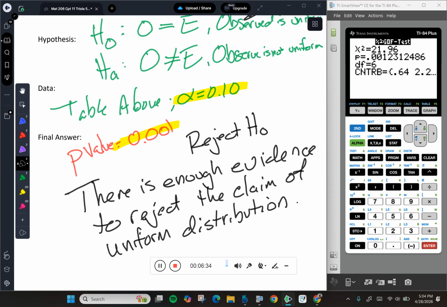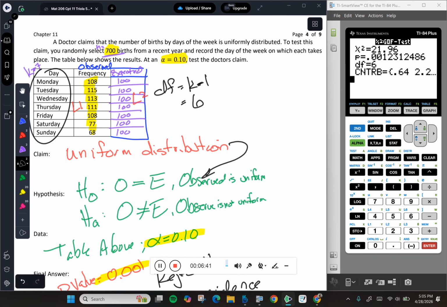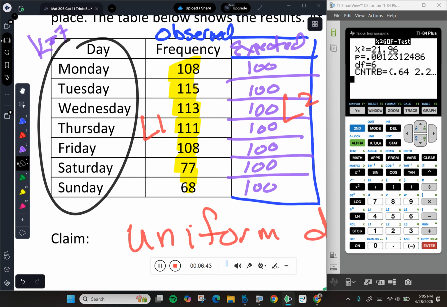Now, there's a lot of reasons why this could be occurring. Running the test tells me to reject. But if you think about it, some women, when they give birth, are going to choose to have the labor induced, and they might plan to have that labor induced, or maybe to have a C-section, on a weekend day.